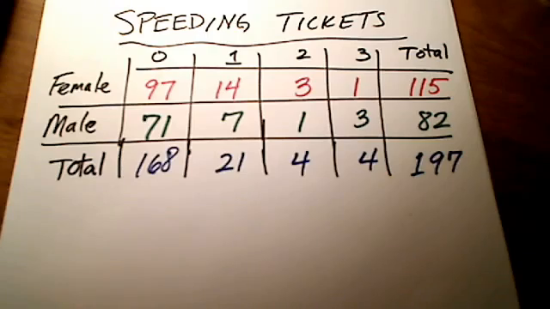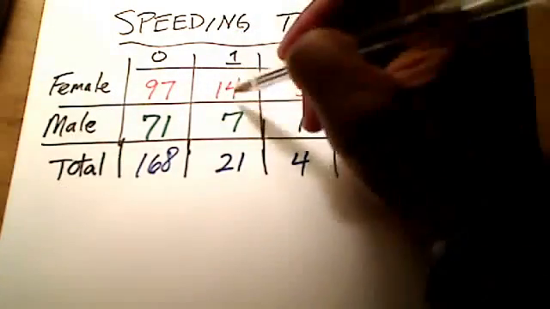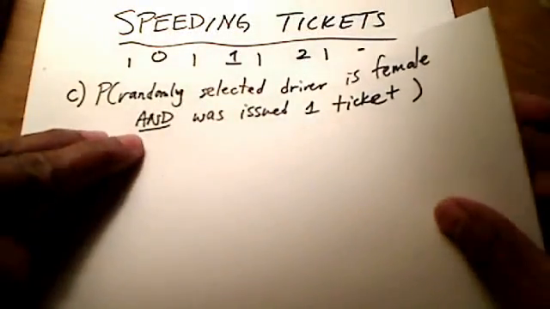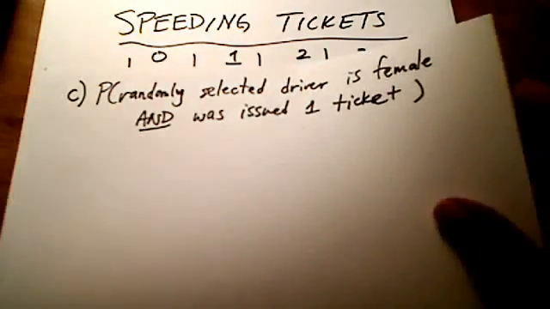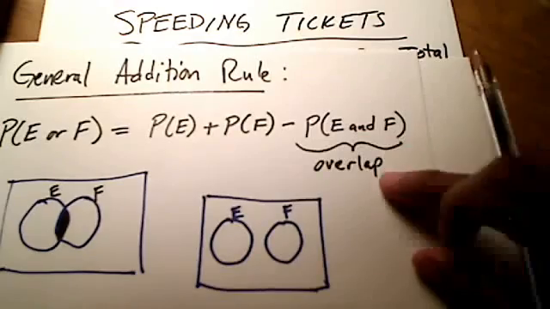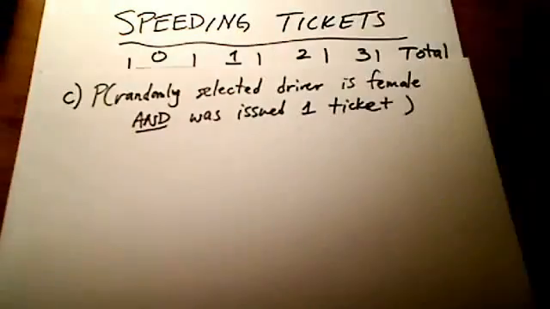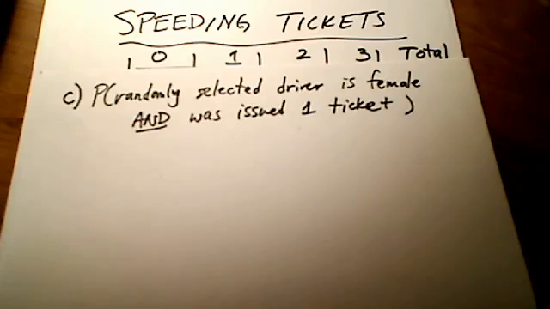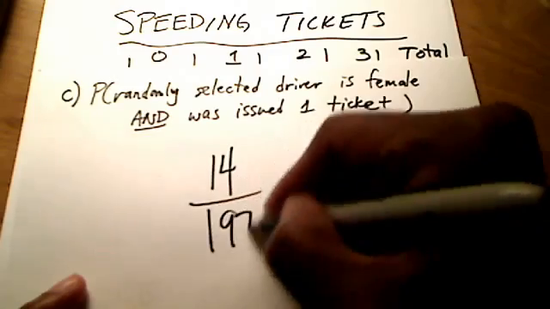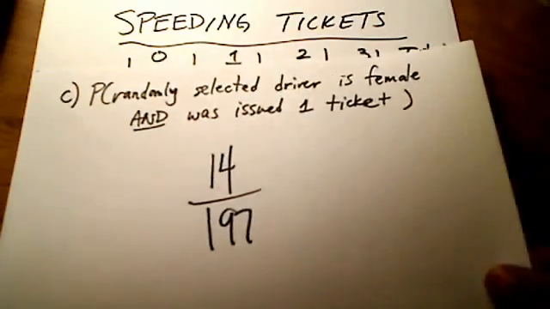So they intersect. The intersection of these two is right here at 14. Because that's where they intersect, and that's what an AND means. Remember from the general addition rule that the AND means the overlap. So I'm going to put that 14 as our numerator, and our total of 197 people all together.